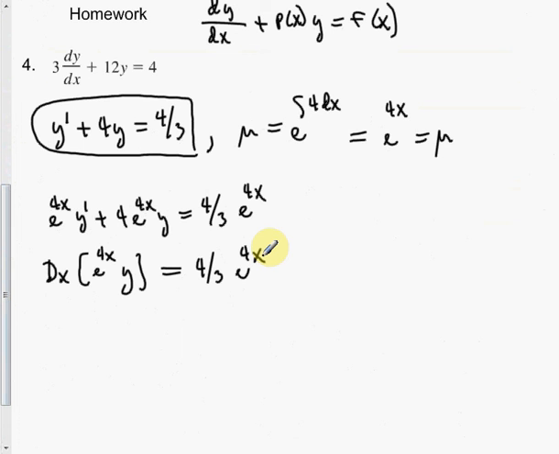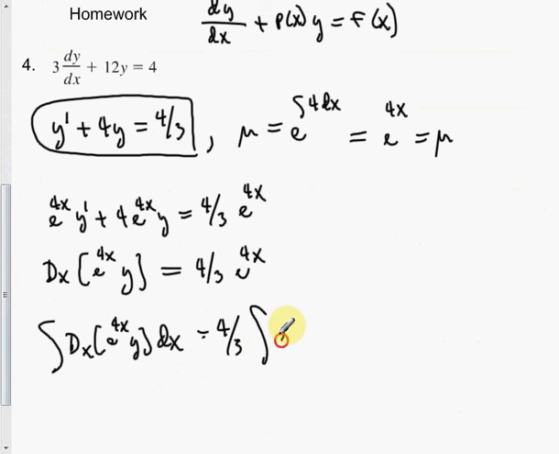Now integrate both sides. So it's the integral of the derivative with respect to x of e to the 4x times y, dx, equal to 4/3 times the integral of e to the 4x dx.